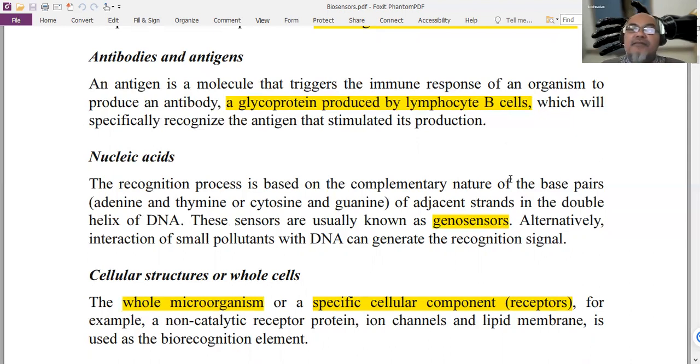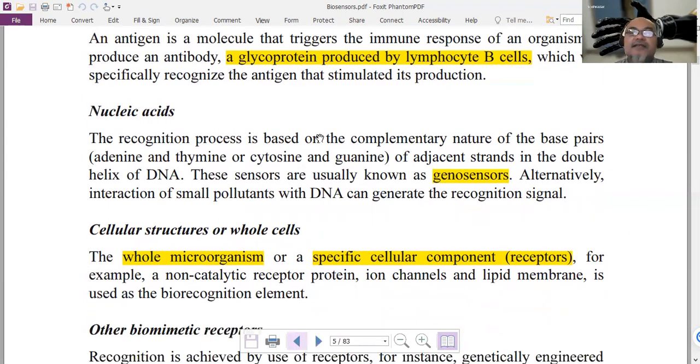When antibodies, for example, and antigen bind, the whole complex mass will be heavier than before the reaction. And this mass change can also be detected using some of the physical transducers that we have learned earlier, using QCM, surface acoustic wave, surface plasmon resonance optical sensor, and many other sensors, electrochemical impedance spectroscopy also, etc.